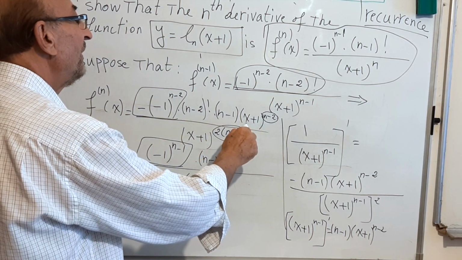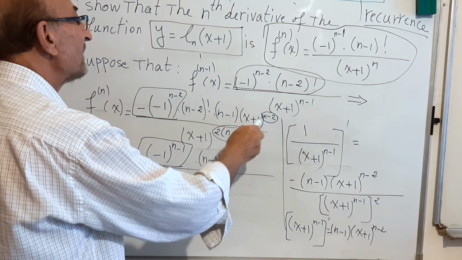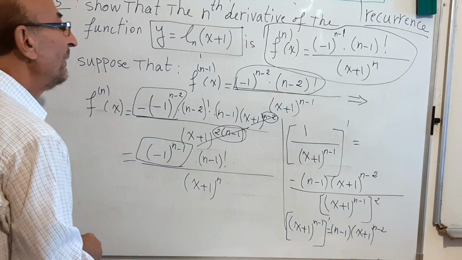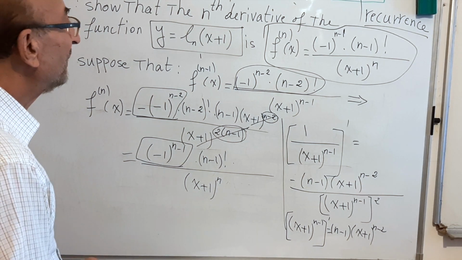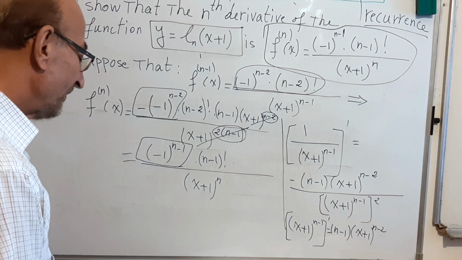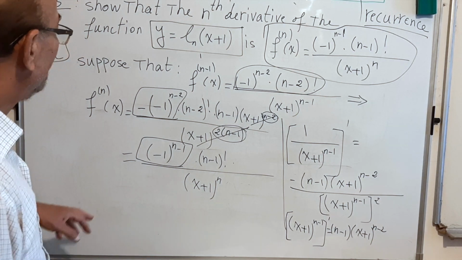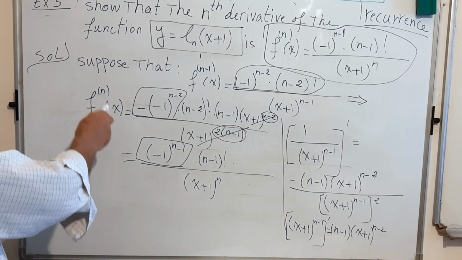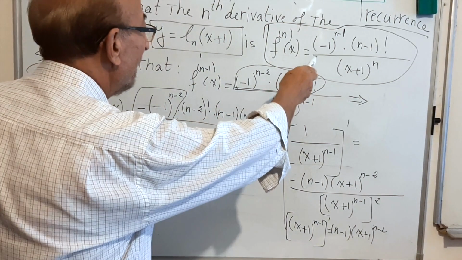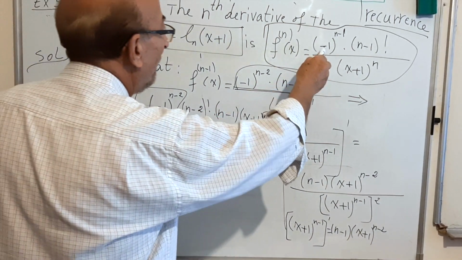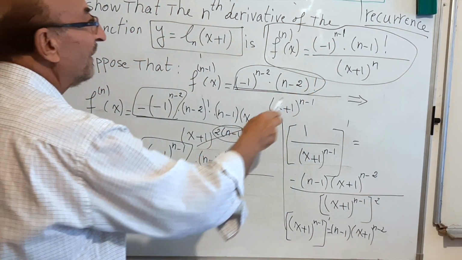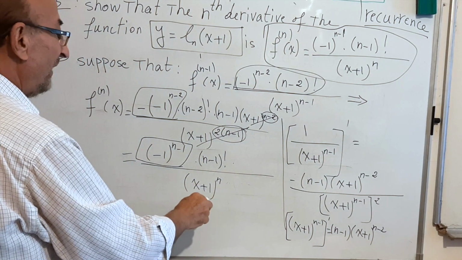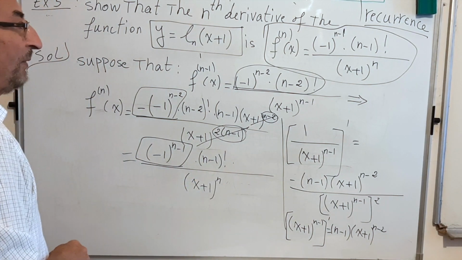We simplify x plus 1 power n minus 2 by x plus 1 to the power 2 into n minus 1. So the derivative of order n of x is minus 1 power n minus 1 times n minus 1 factorial over x plus 1 to the power n.